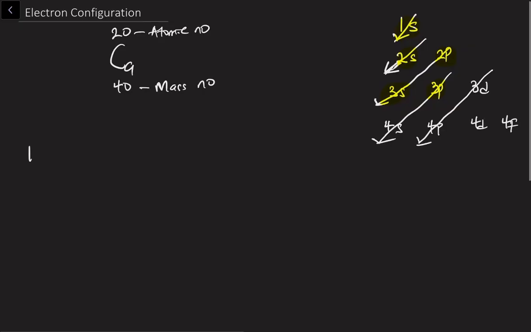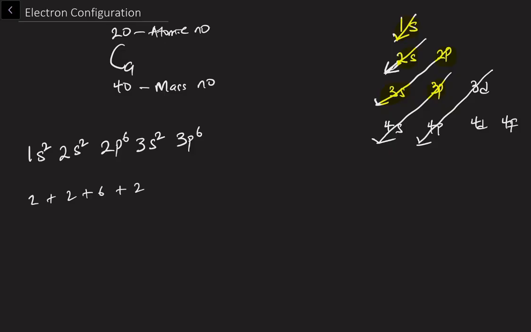So it's going to be 1s2, 2s2, 2p6, 3s2, 3p6. We can check: 2 plus 2 plus 6 plus 2 plus 6. This 10, this 8. So far we have 18.